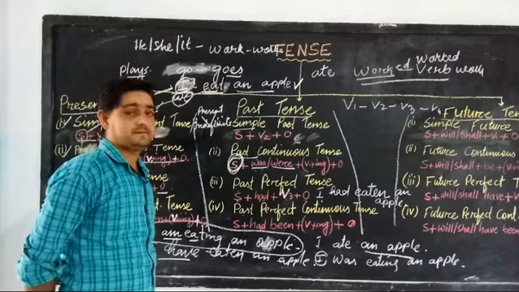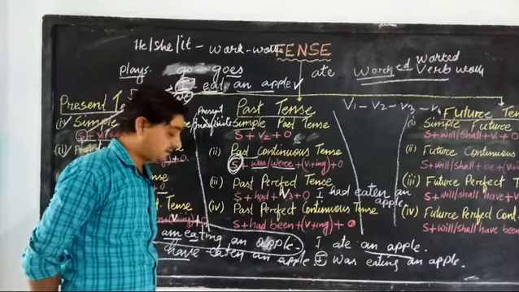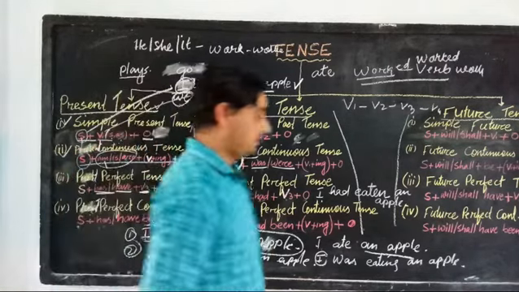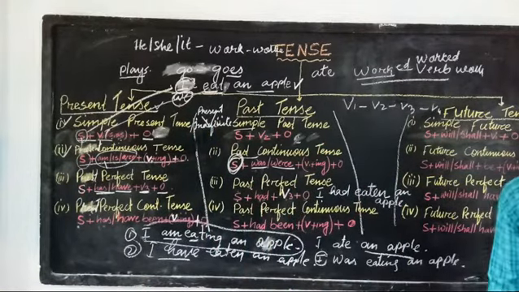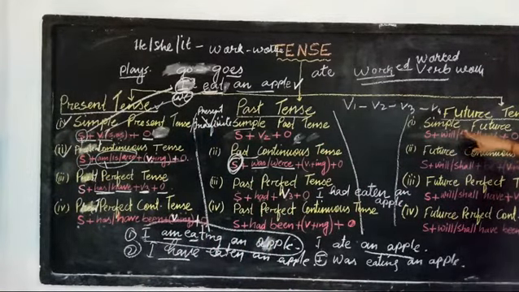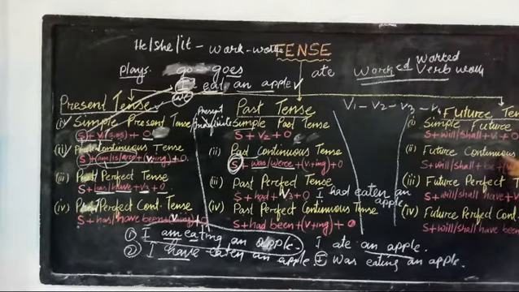Next tense, that is future tense. Here also there are four tenses: simple future tense, future continuous tense, future perfect tense, future perfect continuous tense. What helping verb will we use? Will and shall.